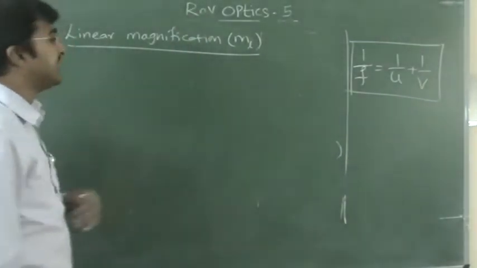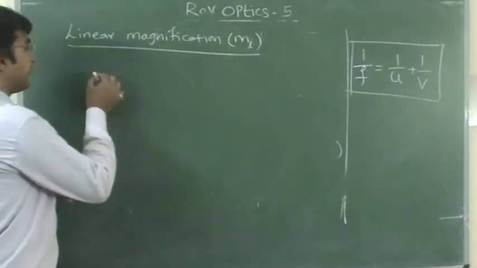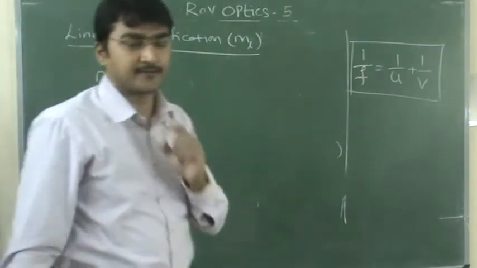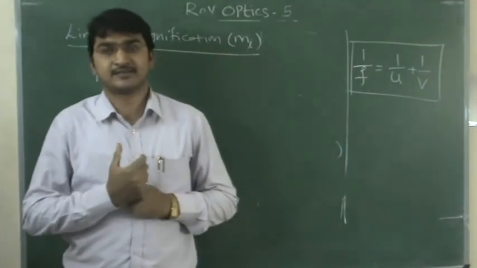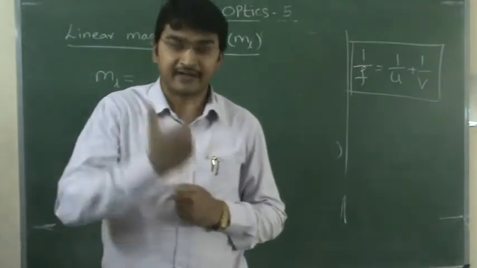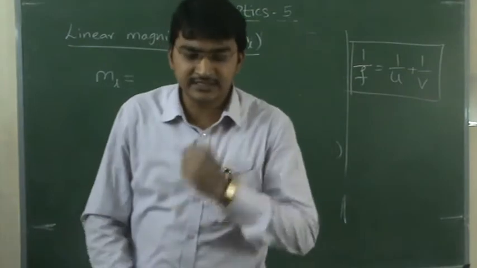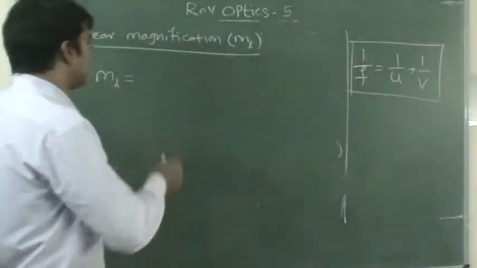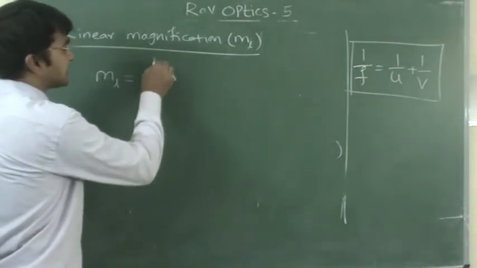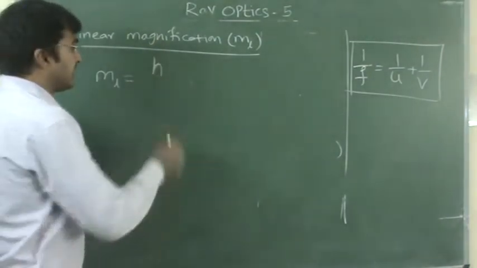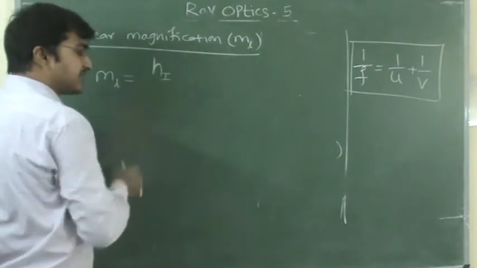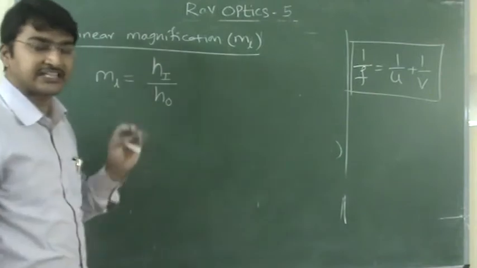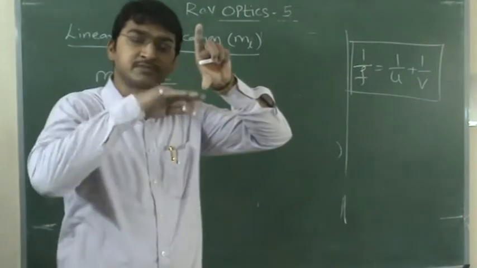Now linear magnification, ML, where L represents linear. How can we define it? It is defined as the ratio of the size, that is height, of the image to the size, or height, of the object. H means height from the principal axis.